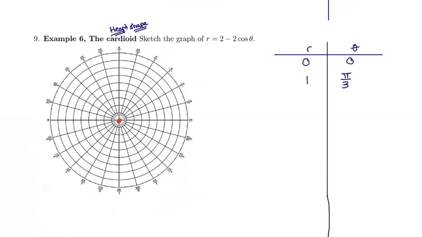And so I go out 1 and around pi over 3. You don't have to be precise about it. Just use a curve to sort of connect the two.